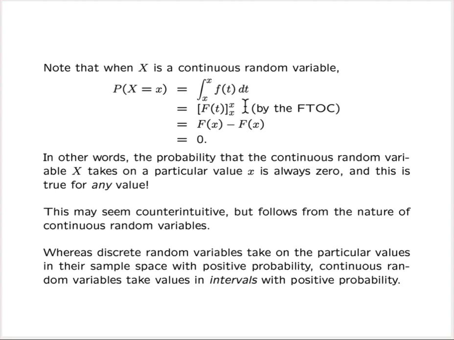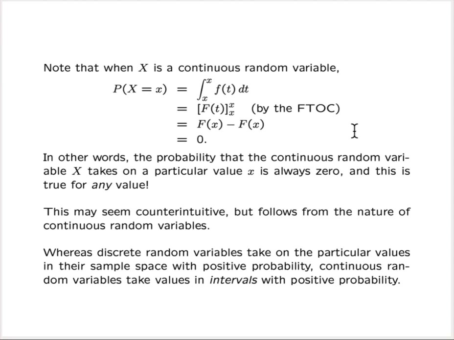Okay? Now, the antiderivative of the PDF is the CDF, and so by the fundamental theorem of calculus, this integral is equal to the CDF evaluated at the upper endpoint minus the CDF evaluated at the lower endpoint. Well, that is just 0.